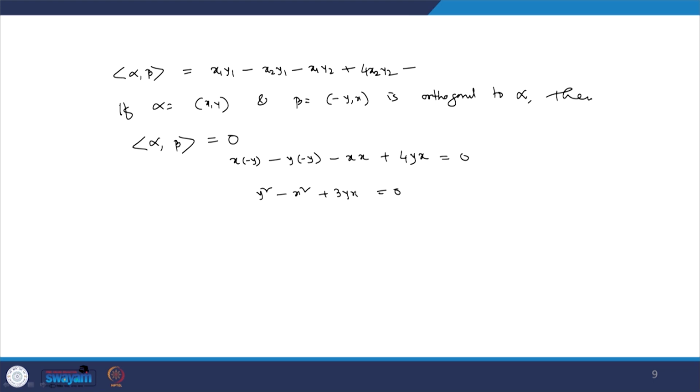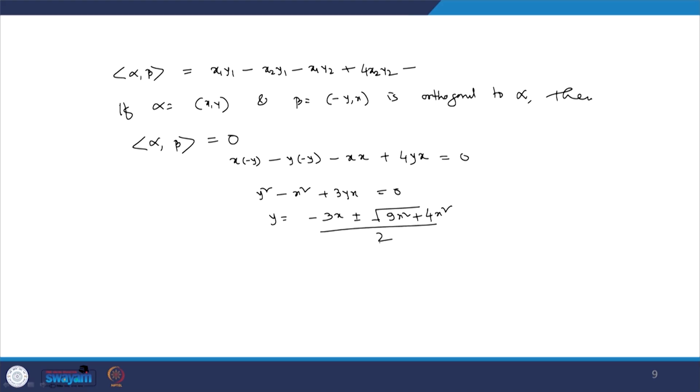So from this I will have a relation between y and x, for which alpha will be orthogonal to beta or beta will be orthogonal to alpha. One can have immediately here y equal to minus 3x plus or minus root over b square minus 4ac, that is 9x square plus 4x square, divided by 2.